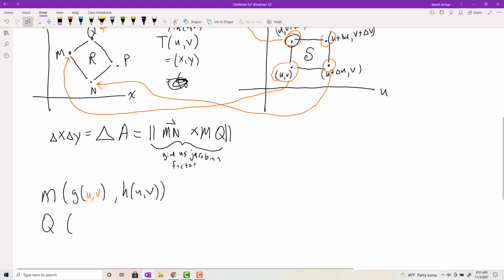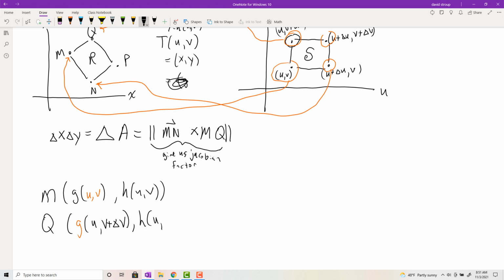So anyways, then Q, like I said, is going to be G of (U, V plus change in V), comma H of (U, V plus change in V). And then N is going to be G of (U plus change in U, V), comma H of (U plus change in U, V).